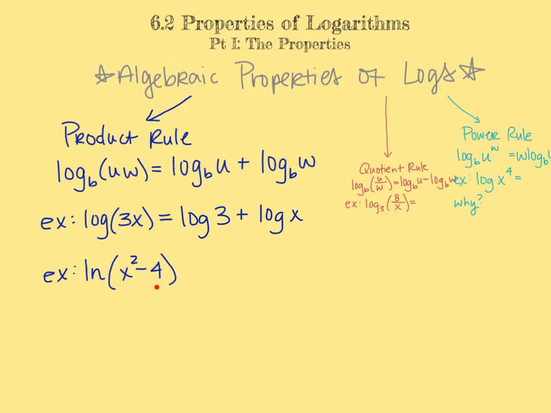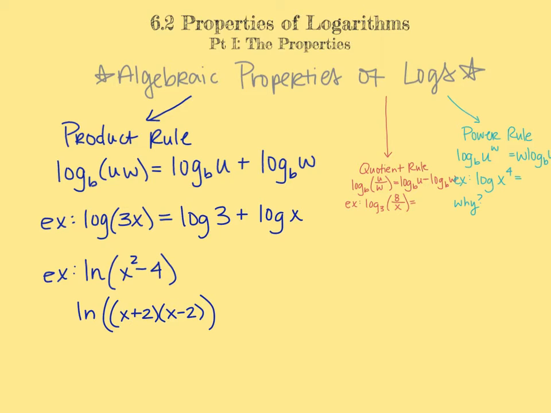We can expand this next one as well, but this one doesn't really look like a product. It just looks like a difference. However, we can rewrite this using factoring because x squared minus 4 is the product of x plus 2 and x minus 2. That's the difference of squares. So this is really x plus 2 times x minus 2 all inside our natural log.